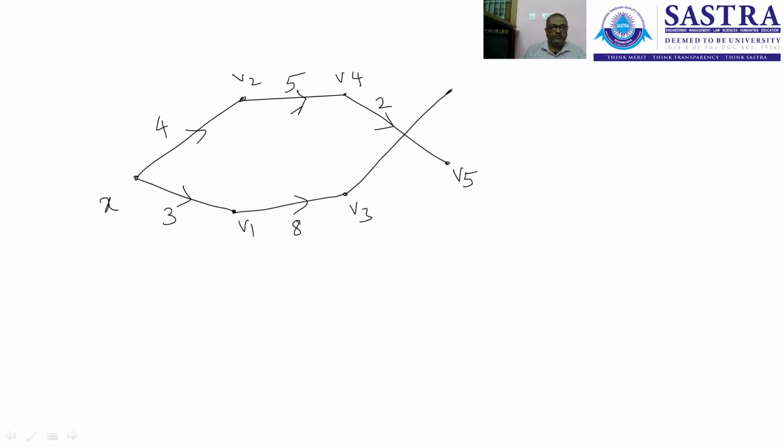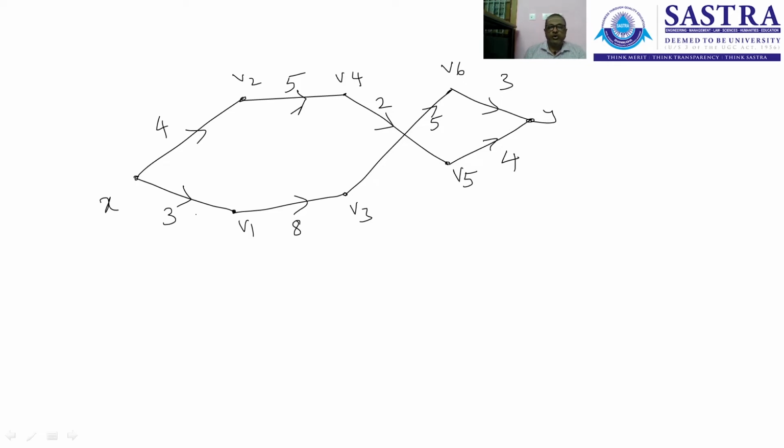I'll take this would be V6, capacity is 5, and here I have Y with capacity 3 and V5, V4 with capacity 4.